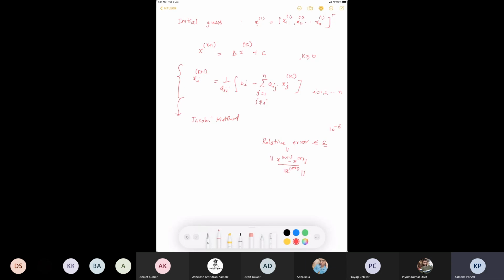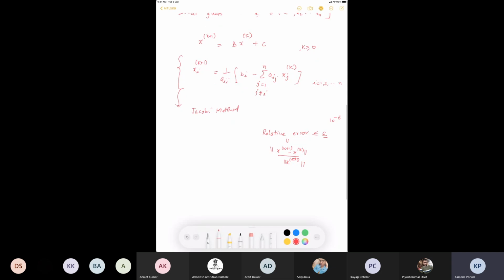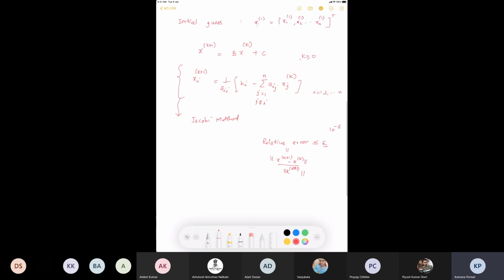When this is less than epsilon, you can stop the algorithm. Any of the stopping criteria you can use to decide how far k has to go. This depends on the accuracy you are seeking.